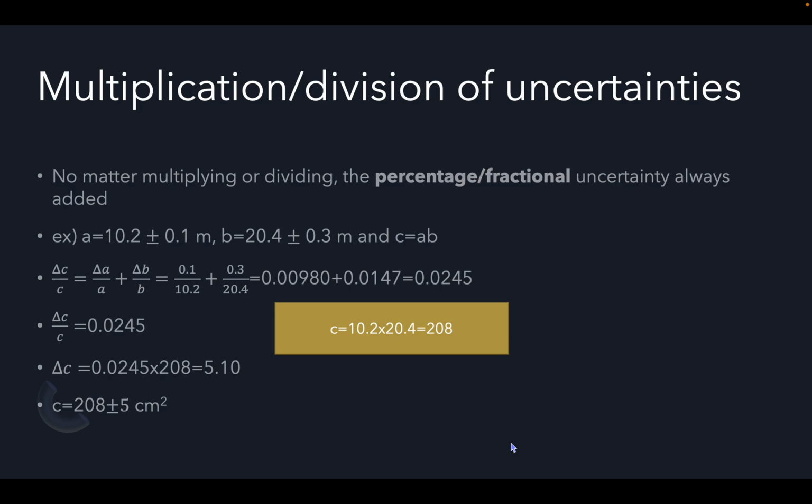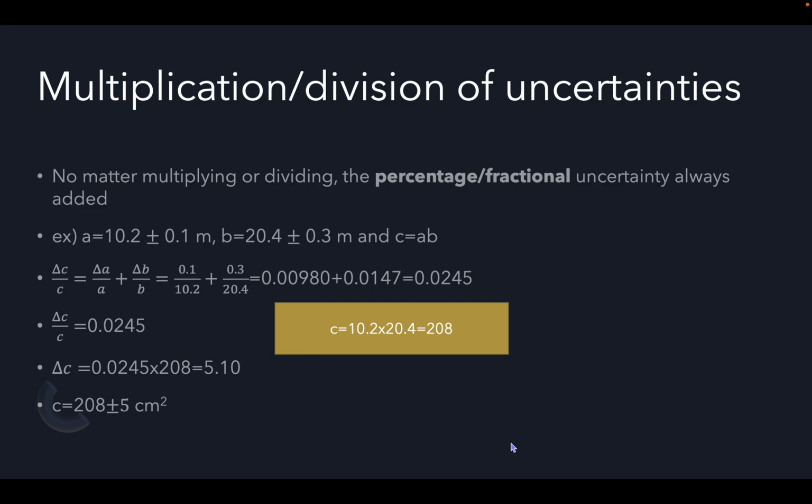So here the same values for a and b would be used, and this time c would be a times b. So delta c over c would be equal to delta a over a plus delta b over b. By substituting values in, this would be 0.1 over 10.2 plus 0.3 over 20.4.